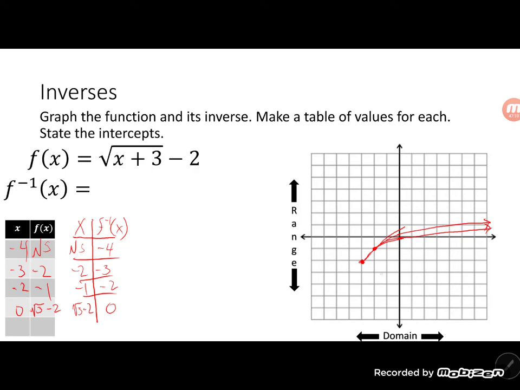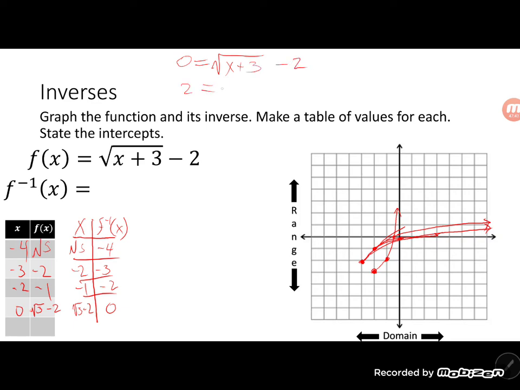Okay, we can start graphing these. We're going to go down 3 over 2. We're going to go down 2, back 1. And we're also going to have a point right about there that's going to cross. Just like that. Okay. I just realized one point that I didn't find on here is my x-intercept. So we do want to calculate that really quick. We'll do the work for that up here. 0 equals the square root of x plus 3 minus 2.